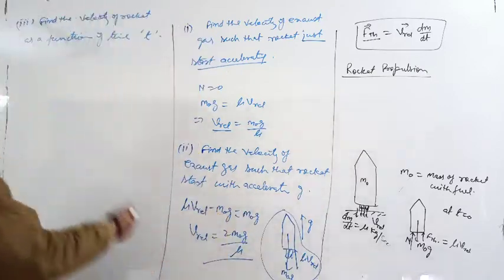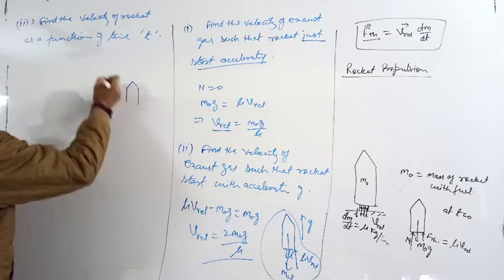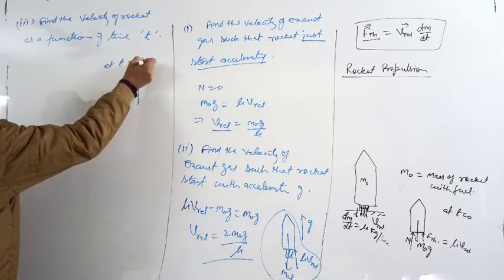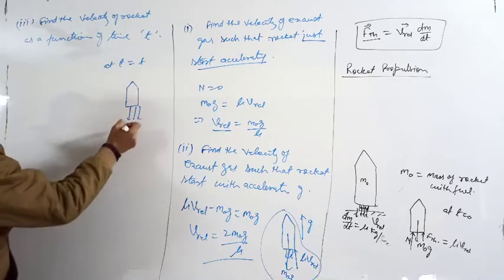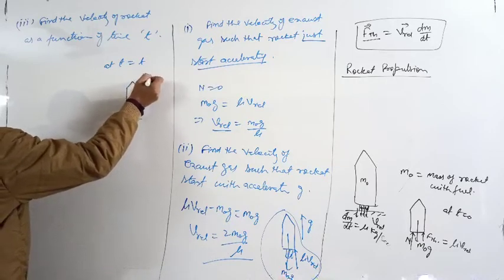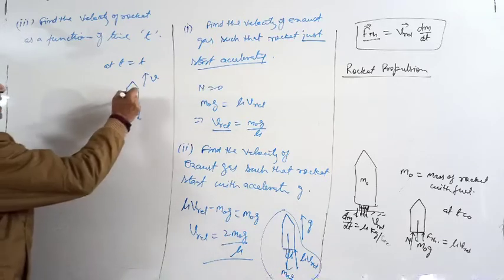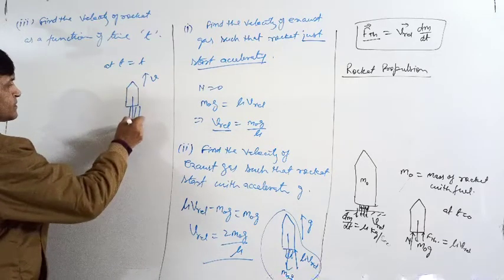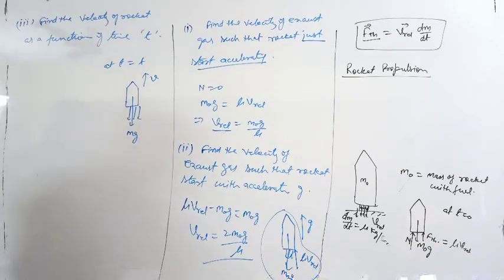So what we can do here, let at a certain instant t is equal to t, the exhaust gases are there and the rocket has velocity v. Now we will make the equation. At t is equal to t, the mass will get reduced because some mass has already been burned. mg is one force.